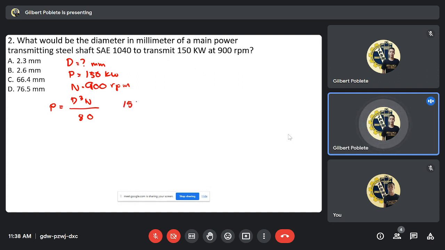So, 150 kilowatts. So, dahil yung kanina is HP yung kailangan, kailangan natin convert to the horsepower. So, meron tayong 0.746 kilowatts in 1 horsepower.